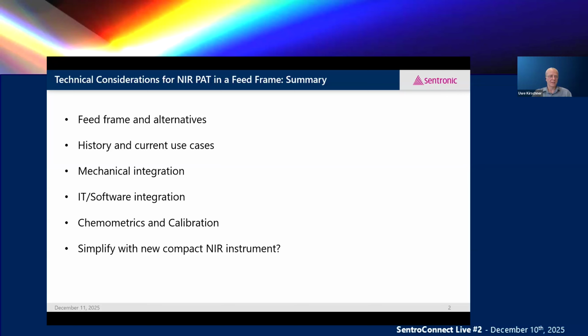And in the end, I'll introduce some results with the new SentroPAT Compact and compare it with the SentroPAT FO for people who haven't seen that yet, as a potential alternative also for use in the feed frame.